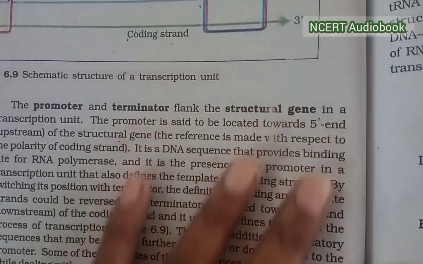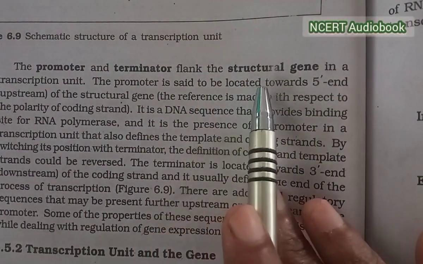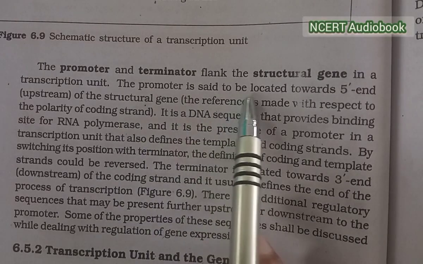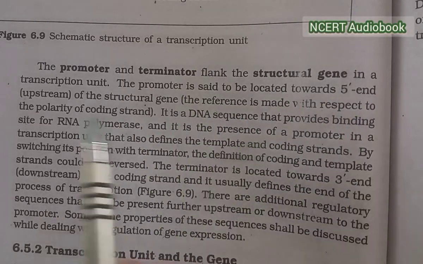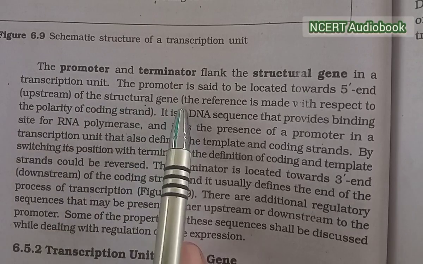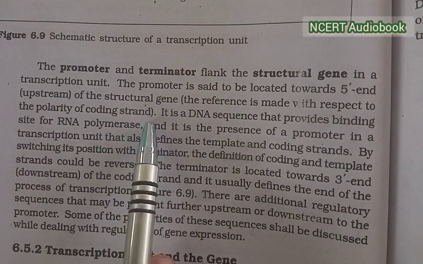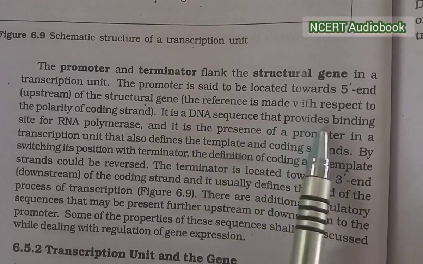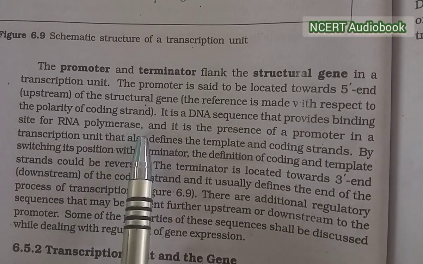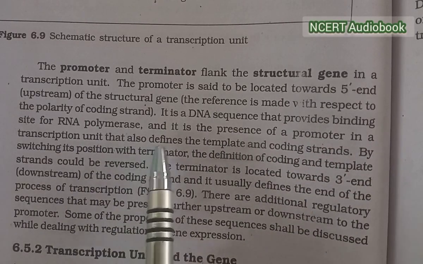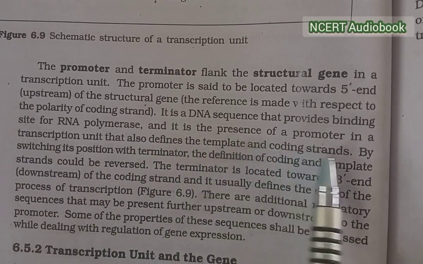The promoter and the terminator flank the structural gene in a transcription unit. The promoter is said to be located towards the 5' end, upstream of the structural gene, with reference made with respect to the polarity of the coding strand. It is the DNA sequence that provides the binding site for RNA polymerase, and it is the presence of the promoter in the transcription unit that also defines the template and coding strands.